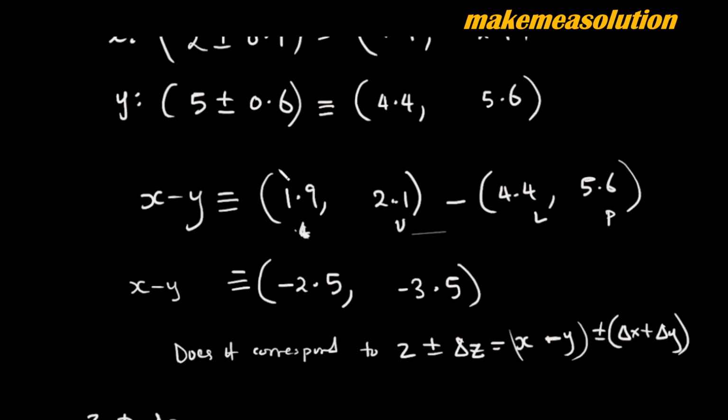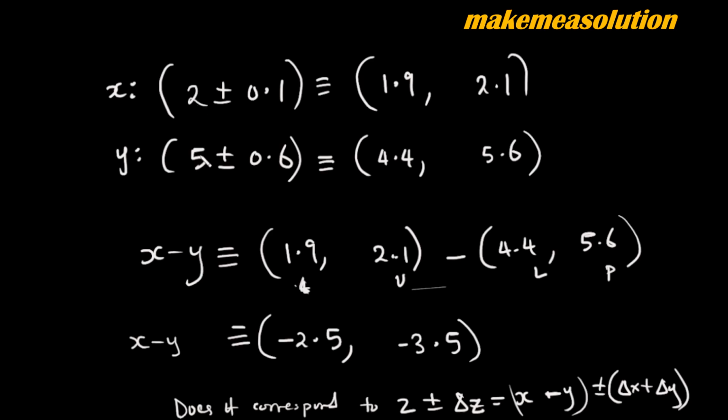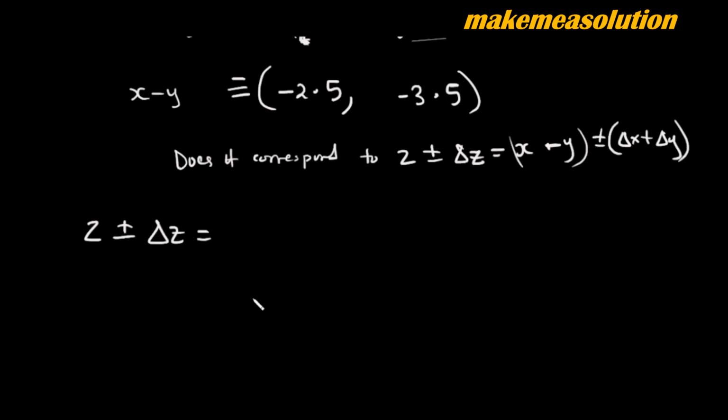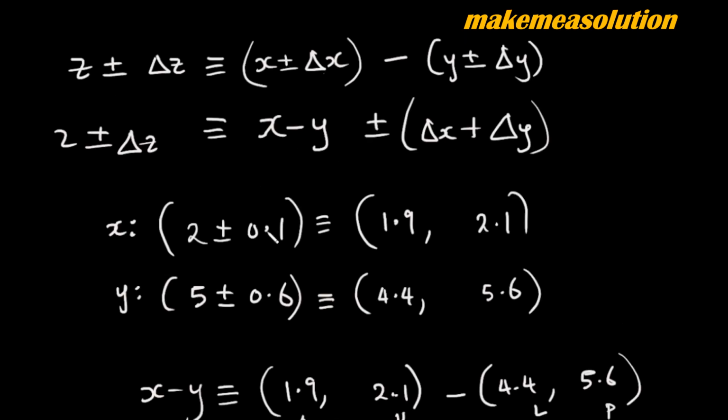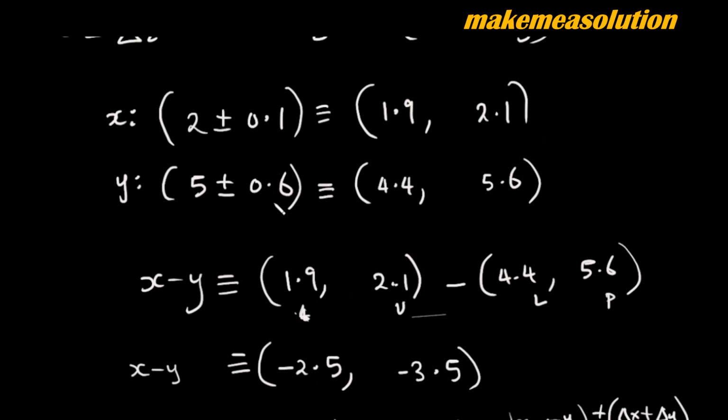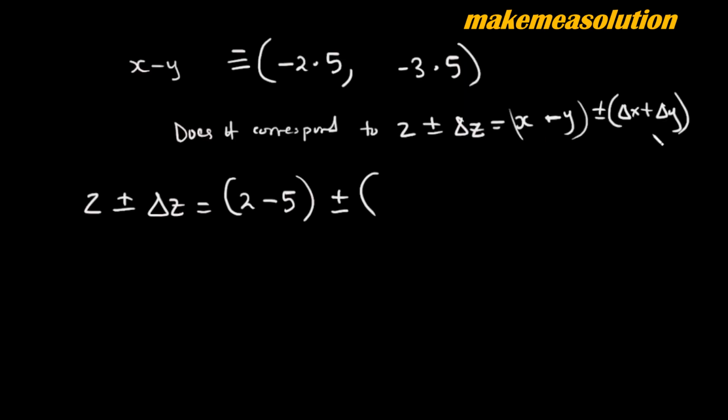What is our x? Our x is 2 and my y is 5. So 2 minus 5 plus or minus, then I have 0.1 plus 0.6. So that should be the answer of z. So 2 minus 5 is negative 3 plus or minus 0.7.